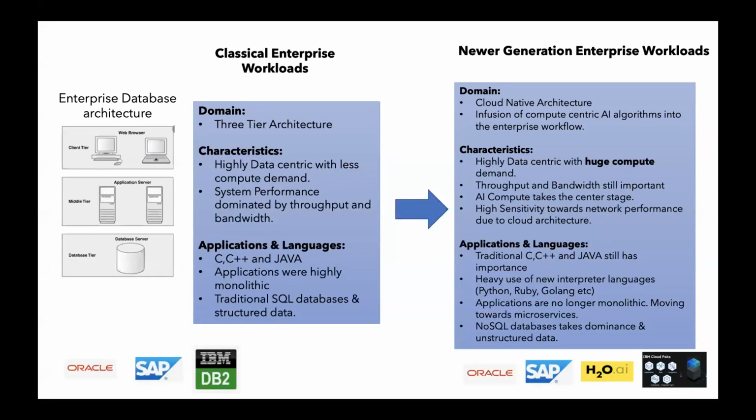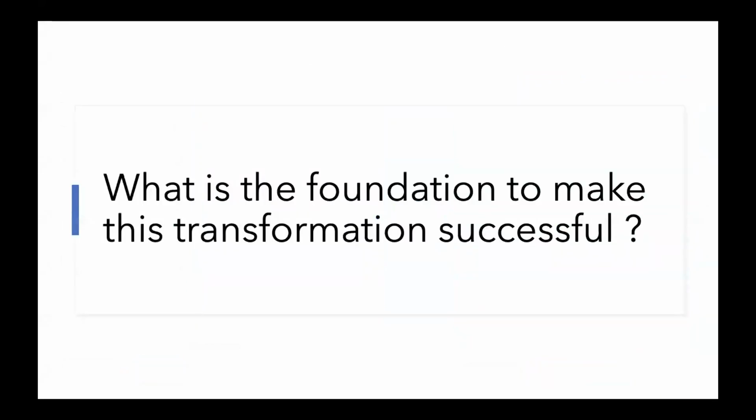This is the kind of transformation you will see for the next few years, at least 5 to 10 years. And slowly the enterprise world is adapting to it. And finally, we will get to a place where the newer generation architecture will look more like what is shown on the right side. Okay. So this is the kind of single page view of how we have gone through this transformation.